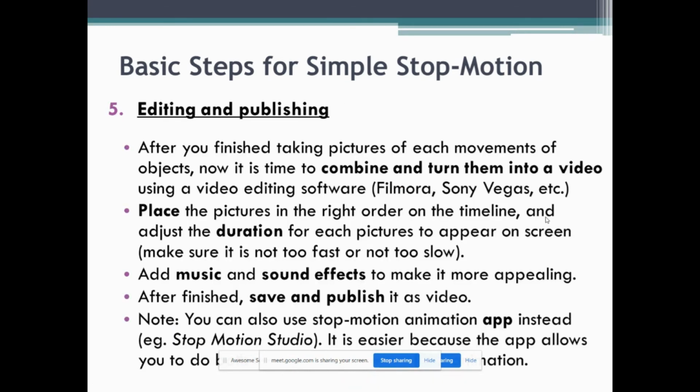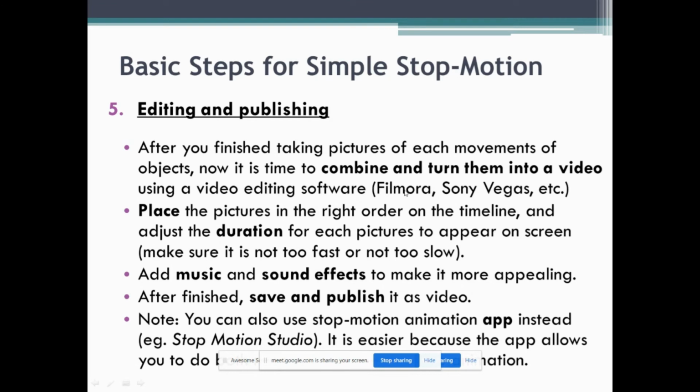Okay, after you finish with the animating part, now we go to the editing and publishing. Okay, after you finish taking pictures of each movement of the object, now it's time to combine the pictures and turn them into a video using video editing software.